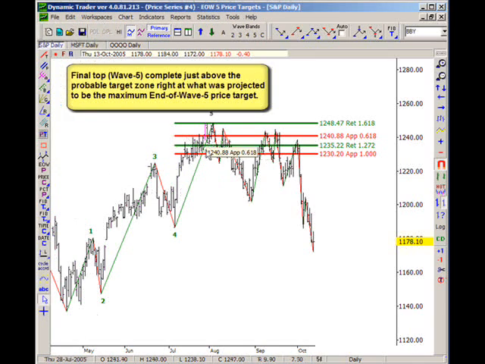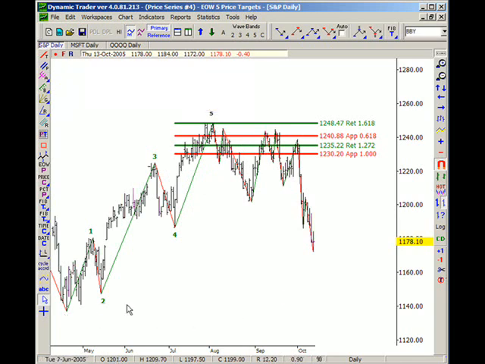It went a little bit above the high probability zone and topped off near what we anticipated would be the extreme, the 162% external retracement of 4. And that was the high for several weeks so far as of the data on this chart at least, and a pretty substantial decline. Now I hope you can see how valuable that would be, to be prepared for the probable target zone to complete this trend.